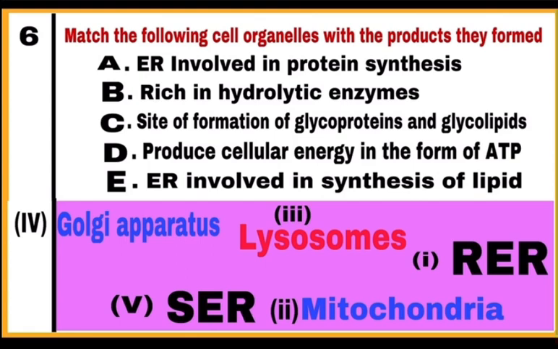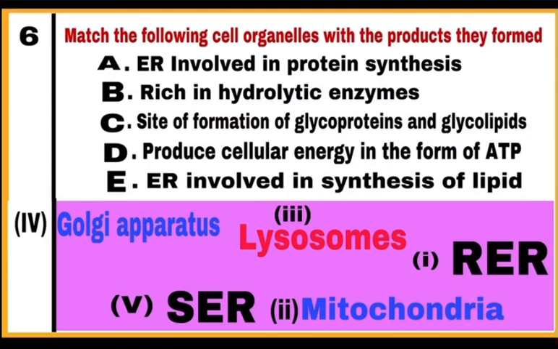D. Produce cellular energy in the form of ATP or adenosine triphosphate. Mitochondria is involved in the formation of ATP, which is a source of energy. Thus, it is also called as powerhouse of cells. E. Endoplasmic reticulum involved in synthesis of lipids.